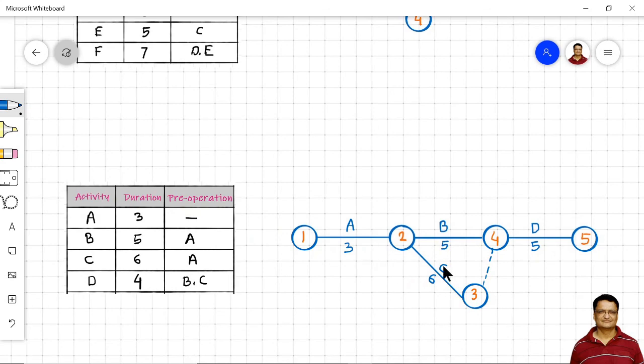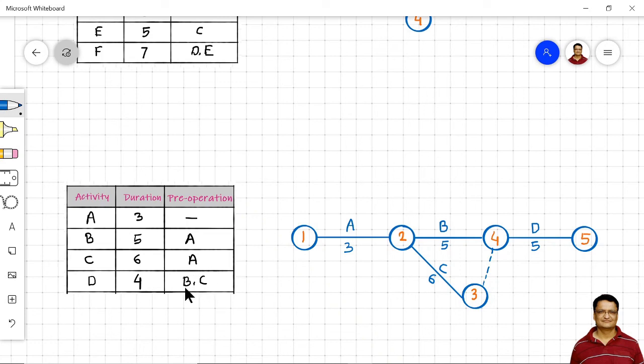If you look at our present example, we can see that activities B and C have the same beginning and the same end point. But to make this logic correct, we have to use a dummy activity to connect these two events and to maintain this precedence order.